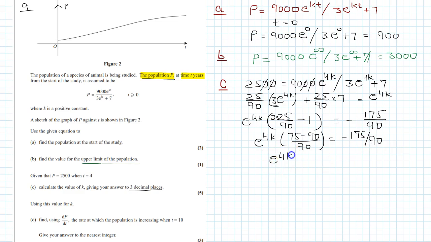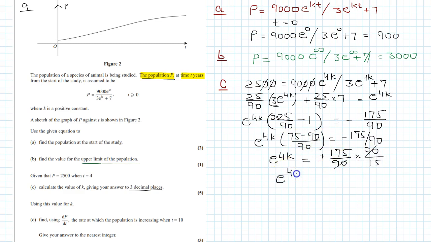So e to the power 4k will be minus 175 over 90 multiplied by 90 over, this is also negative and negative, so it will become positive, that is 15. So this and this cancel.